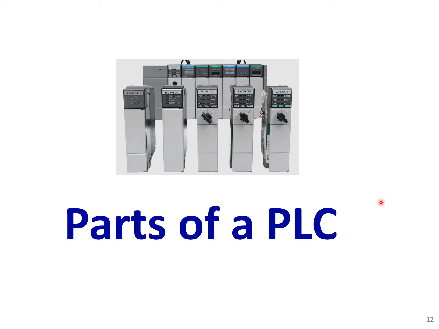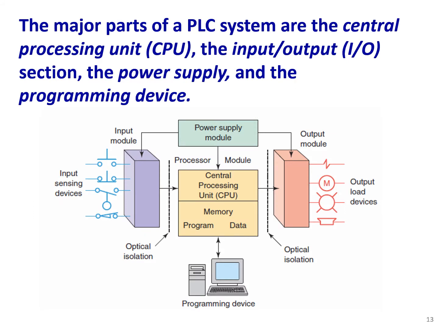Now we want to talk about the parts of a PLC. So here we have a PLC. The major parts of a PLC system are the central processing unit or CPU, the input-output or I/O section, the power supply, and the programming device.